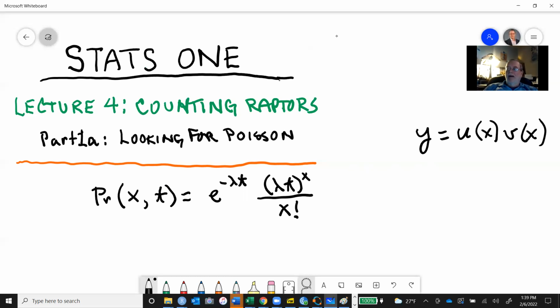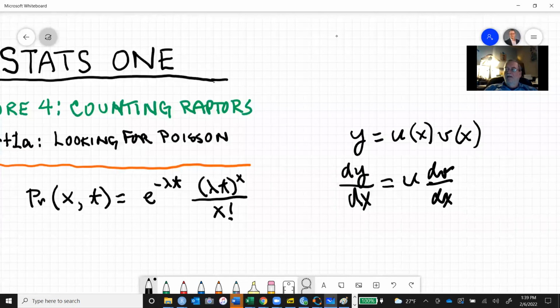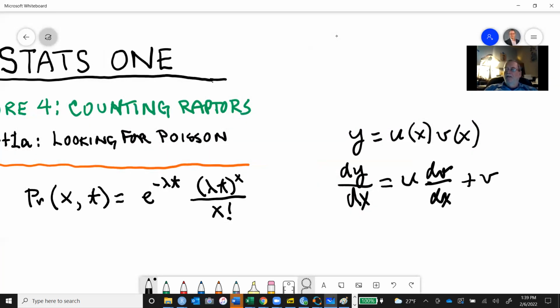We want to find dy/dx, the derivative of y, the rate of change of y with respect to a very, very small change in x. The product rule basically says: u dv/dx plus v du/dx.